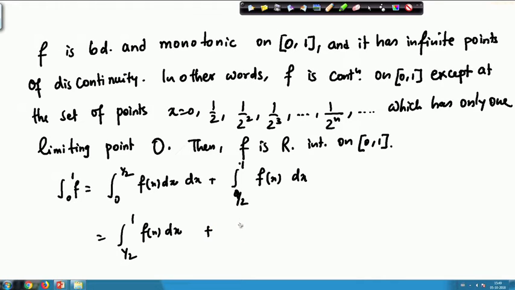Then we can write this one as half, and here I can write 1 by 2 to the power n f(x) dx, and I can put a small limit. So limit n goes to infinity, integral from 1 by 2 to the power n to half f(x) dx. So when n goes to infinity, this whole thing will go to 0, and therefore it will be this integral 0 to half.